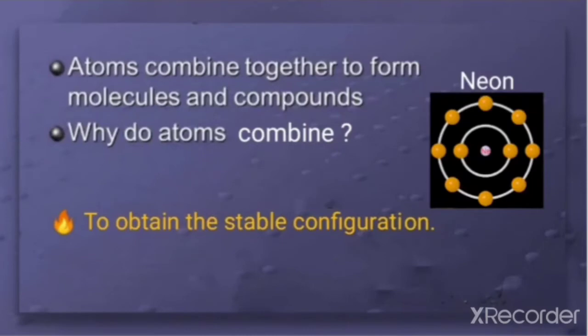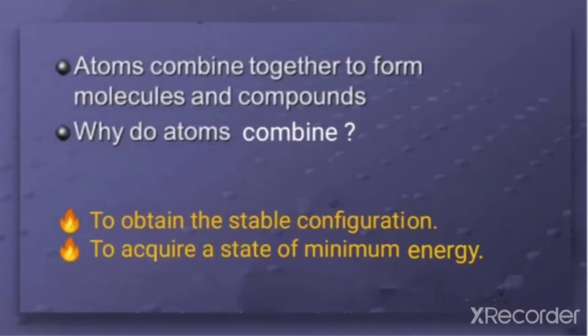Because of obtaining the stable configuration, atoms donate electrons, gain electrons, or even share electrons. That leads to the atom combining with the other element. And the second reason is to acquire a state of minimum energy.